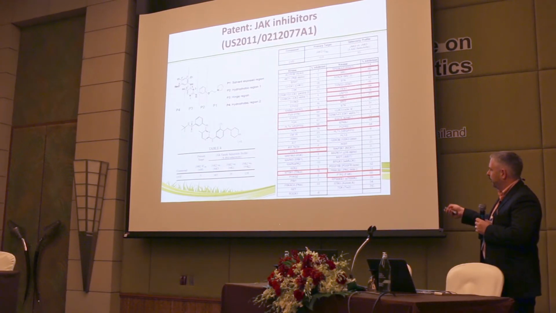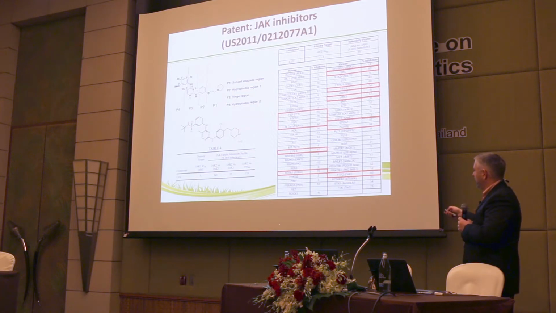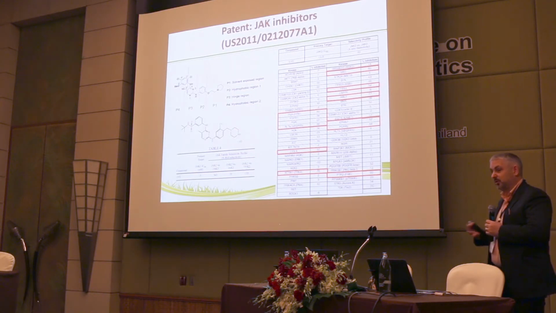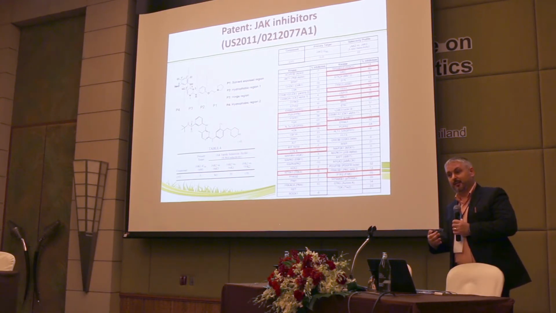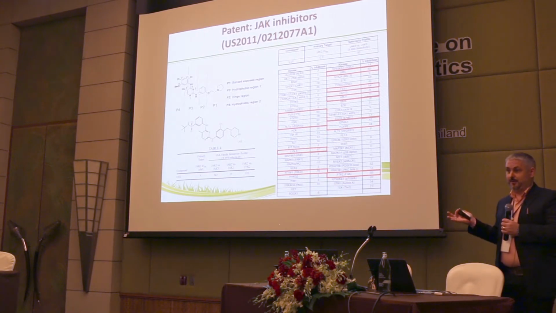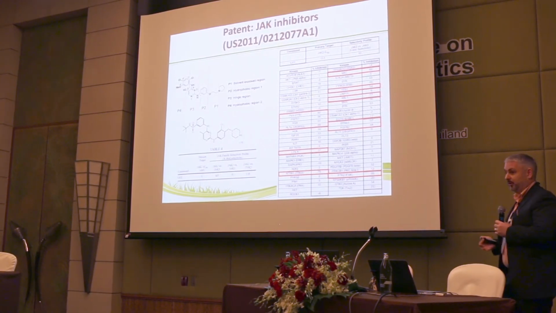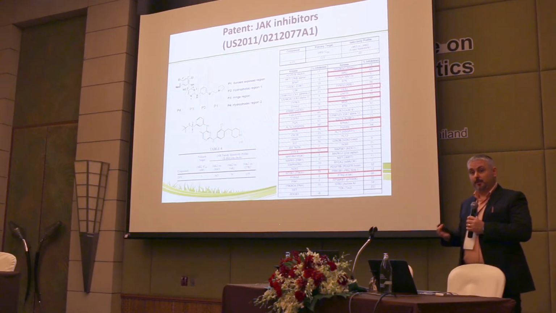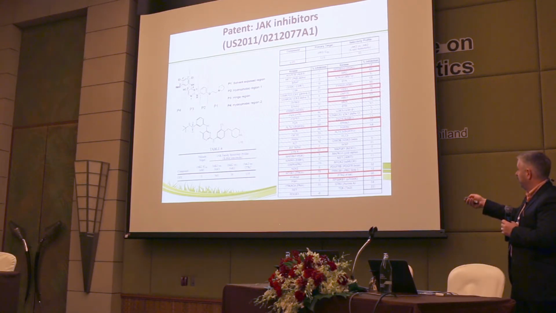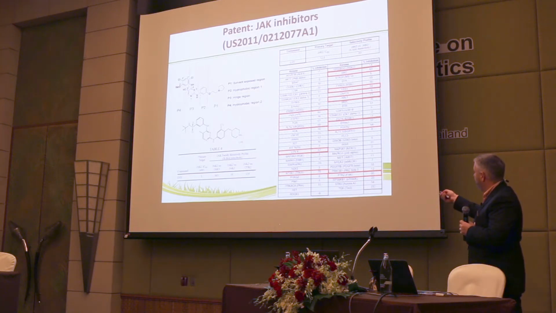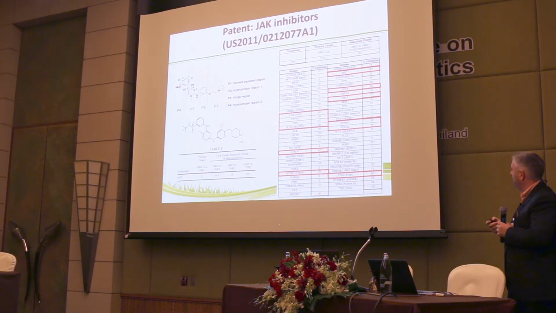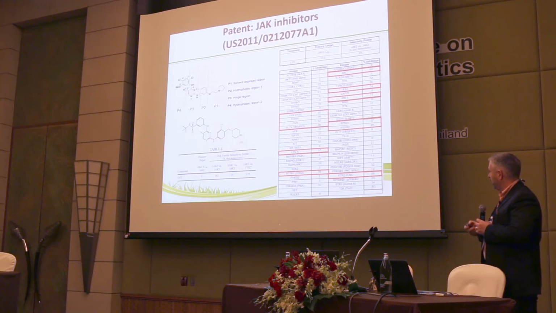One issue though is when you look through the patent literature, you do notice that, like most kinase inhibitors, the selectivity is a function of these kinase inhibitors, these ATP binding site inhibitors. So they do inhibit a number of different targets at above 50%. I think this is a 10 micromolar inhibition.